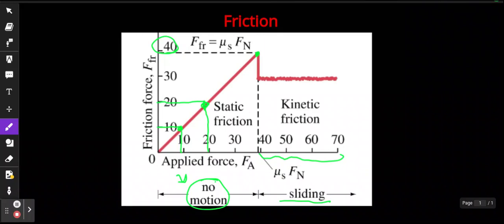Because once we slide, the kinetic friction is always equal to mu sub k times the normal force. And mu sub k is slightly less than mu sub s, so our friction force for kinetic, or for when the object is sliding, is going to be 30. And it stays constant despite our applied force.